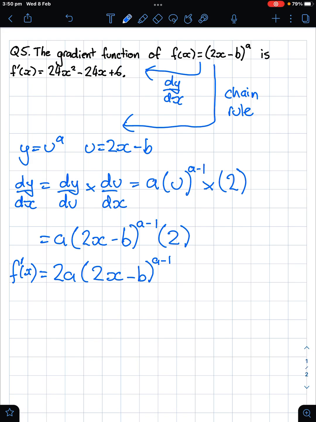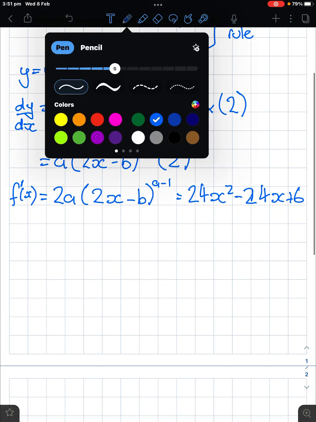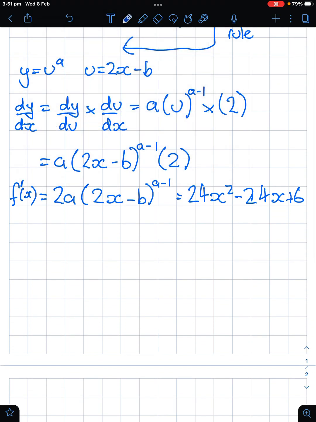So this has to equal 24x squared minus 24x plus 6. Now, looking at this power here, my biggest degree is 2, so that means this a minus 1 has to equal 2. Let's just change colour because we're making a different point here.